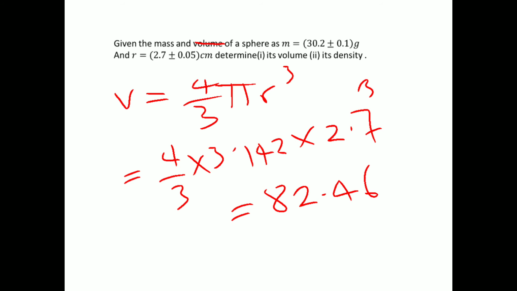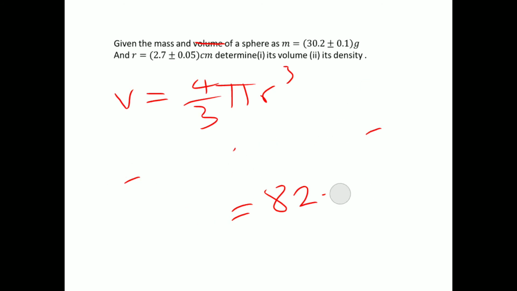But you can't find volume without finding the error in V. So let's find the error in V. Based on the formula, V is equal to 4 over 3 pi r cubed. The variables here are just V and r cubed; we are not concerned with the constant.